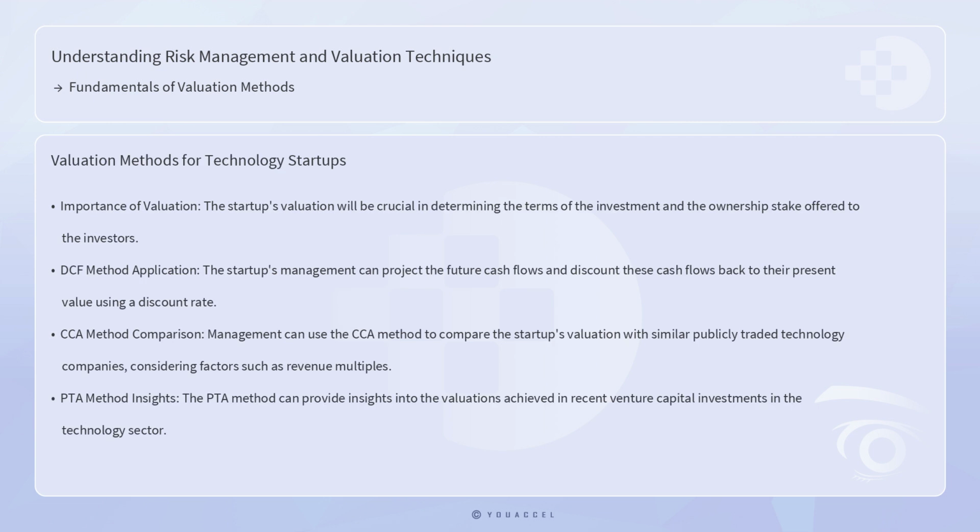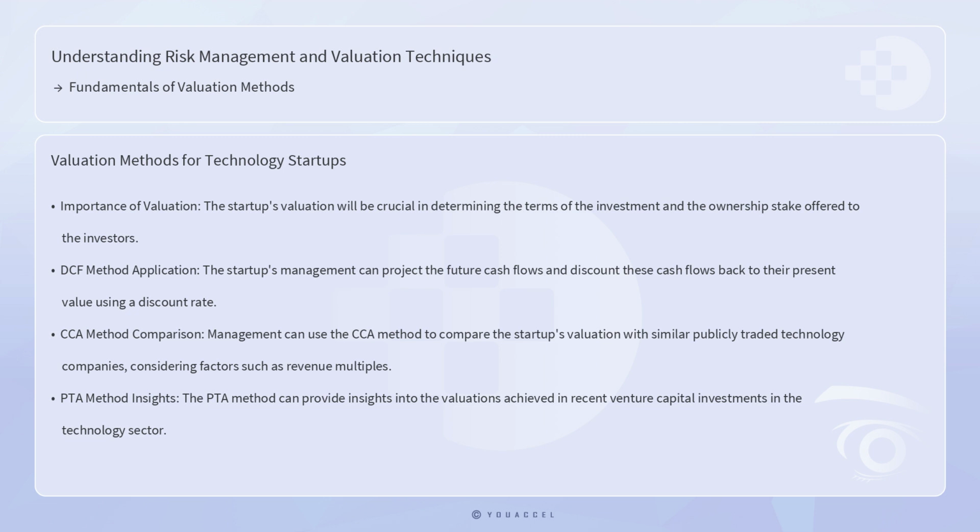To illustrate the practical application of valuation methods, consider the case of a technology startup seeking investment from venture capitalists. The startup's valuation will be crucial in determining the terms of the investment and the ownership stake offered to the investors. Using the DCF method, the startup's management can project the future cash flows based on expected revenue growth and profitability, and discount these cash flows back to their present value using a discount rate that reflects the startup's risk profile.